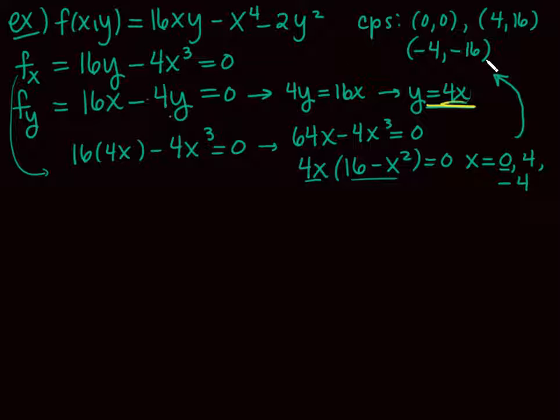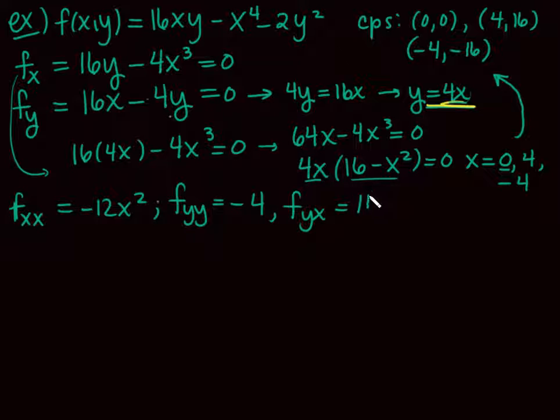All right, so I have 3 critical points to test. And what I need to do now is I need to find my second derivatives. So f sub xx is a negative 12x squared. F sub yy is negative 4. And f sub yx is 16.